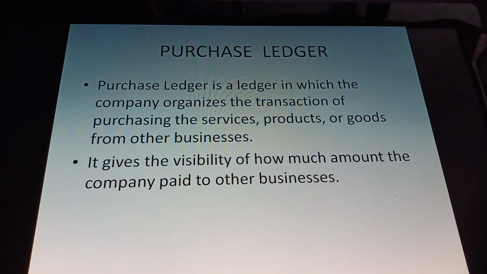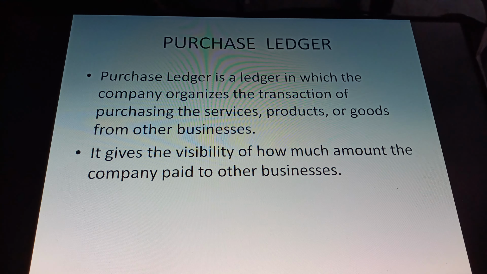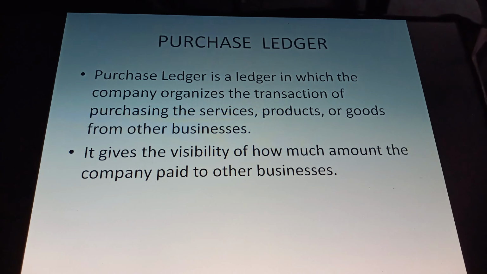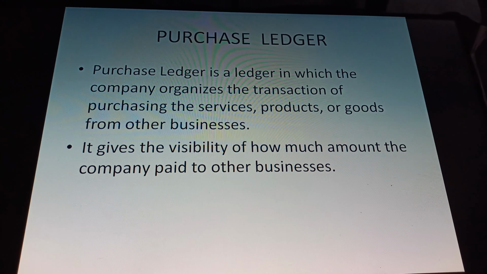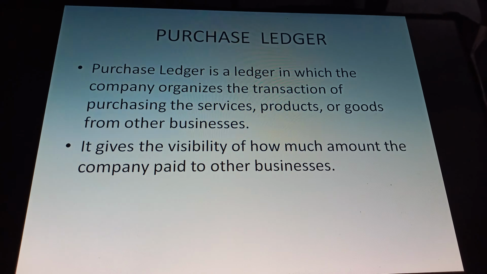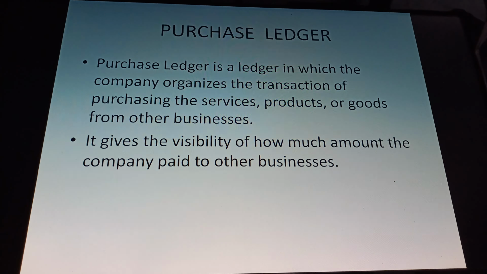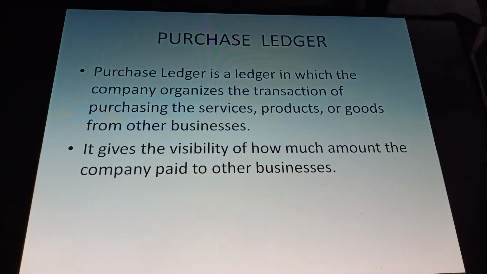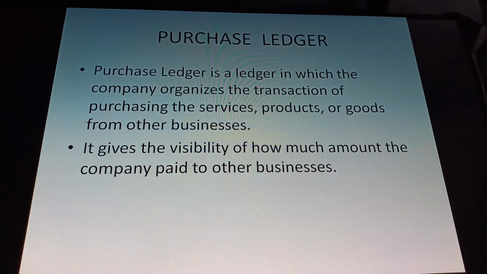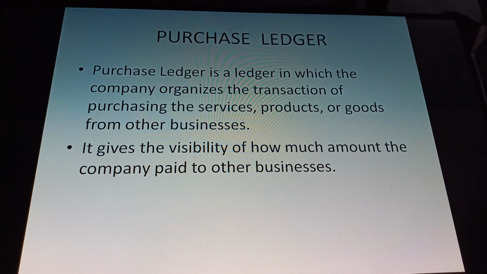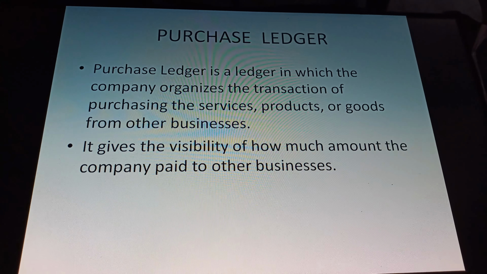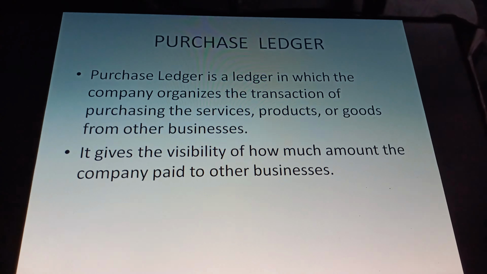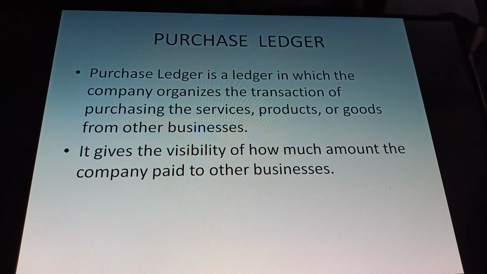Next, purchase ledger. What do you mean by purchase ledger? A purchase ledger is a ledger in which the company organizes the transactions of purchasing services or products or goods from the business. In the sales ledger, we have learned how much sales we have made, and whatever goods and services we are purchasing we will write in the purchase ledger, and whatever sales we are doing we will record under the sales ledger.